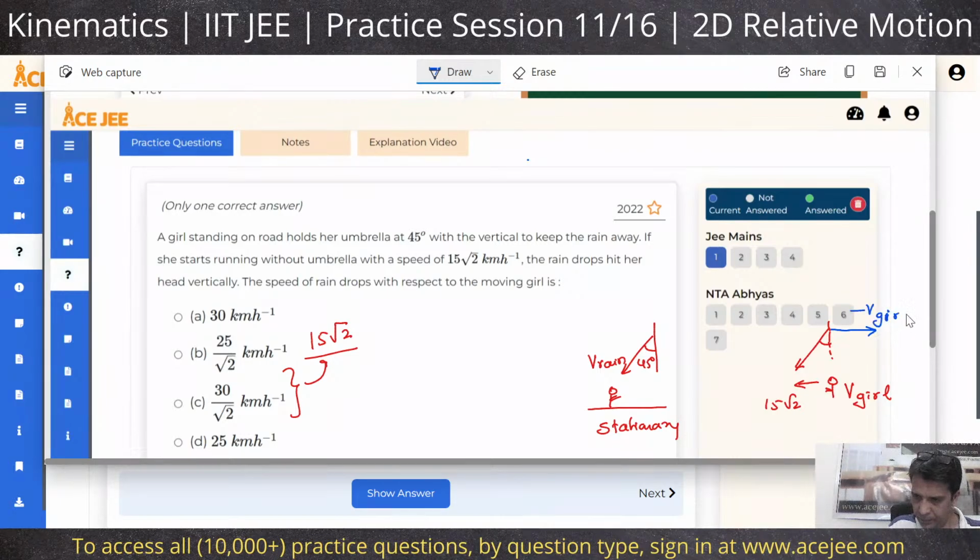Oh, yes, sir. Clear, beta? The speed of the raindrops is, so the raindrop has a horizontal component which is 15 root 2 and a vertical component which is 15 root 2.